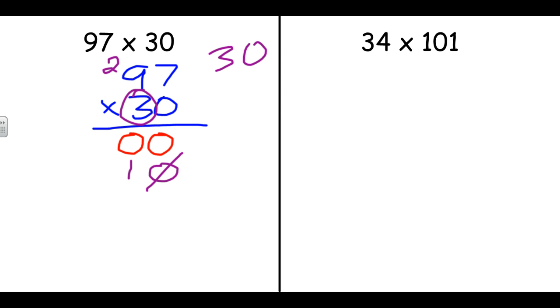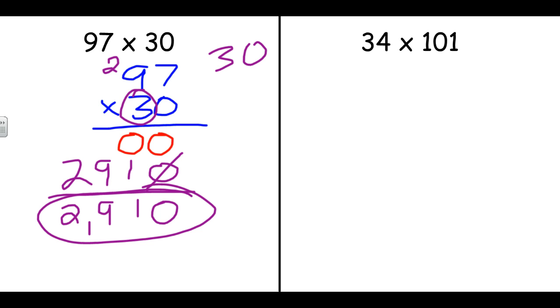For the next one, 3 times 9 is 27. 27 plus 2 is 29. And so we have 2,910. But because we have a 0 in this place value for the ones, we could almost have just skipped that entire set there and just gone straight to the 3. And in general, we can do that.